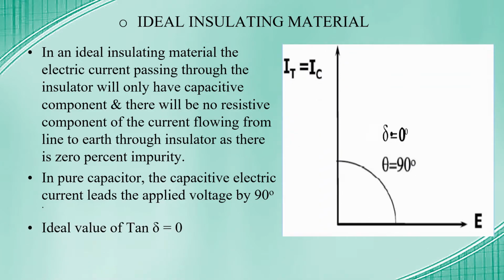In a pure capacitor, the capacitive current leads the applied voltage by 90 degrees as shown in the figure on the right hand side, and the ideal value of tan delta will be 0.